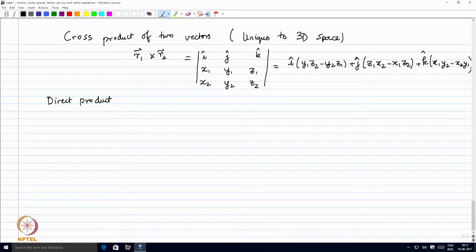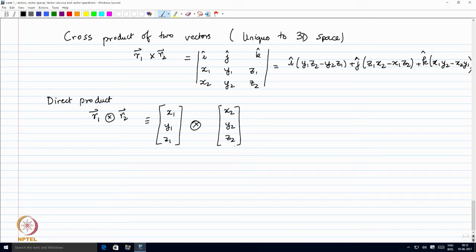Suppose you had the same two vectors r1 and r2, with r1 as x1 y1 z1, taking a direct product with r2 as x2 y2 z2.